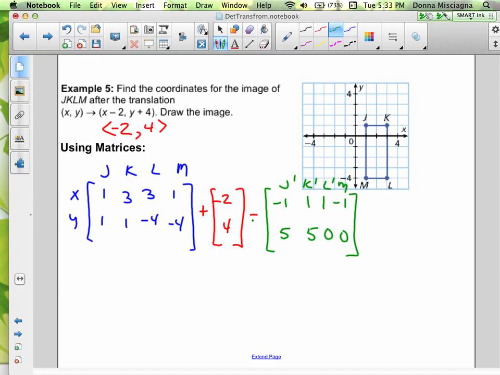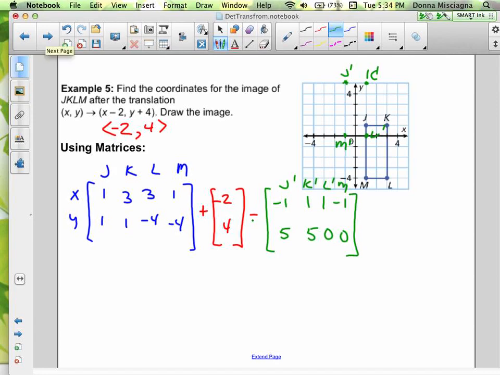And now we graph. So J prime is at -1, 5, and it just fits. K prime is at 1, 5. L prime is at 1, 0. And M prime is at -1, 0. And I should write those in. So this one is J prime, K prime, L prime, M prime.